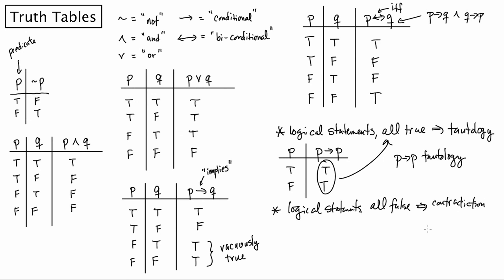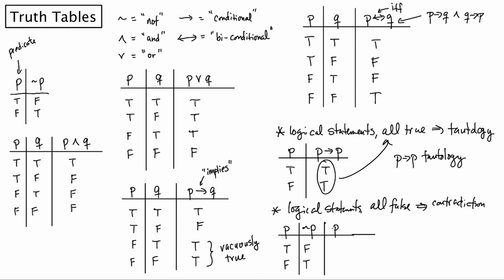And so the basic contradiction, or the most appropriate contradiction, is P and not P. So let's go ahead and write that one in. Basically it's like this. If you do P and not P, then we know how the negation works.